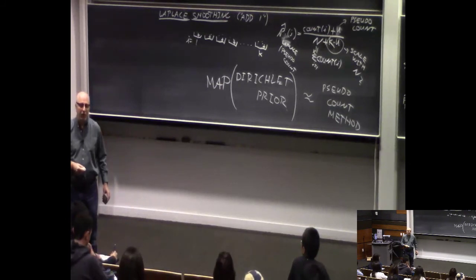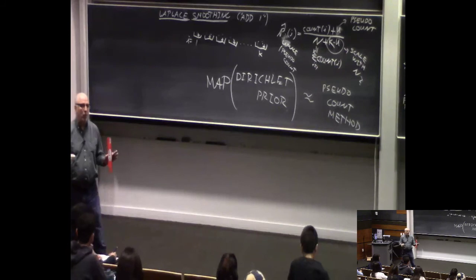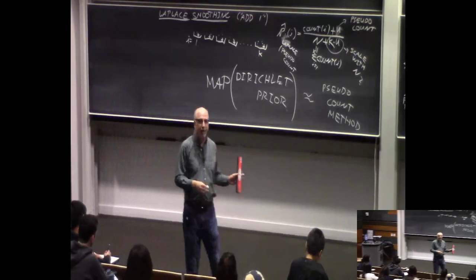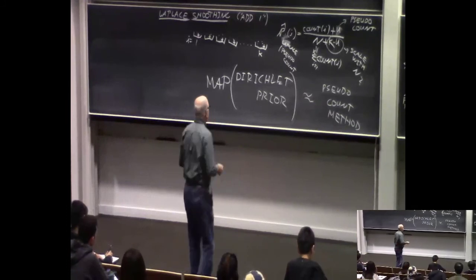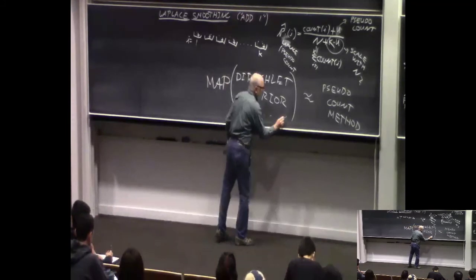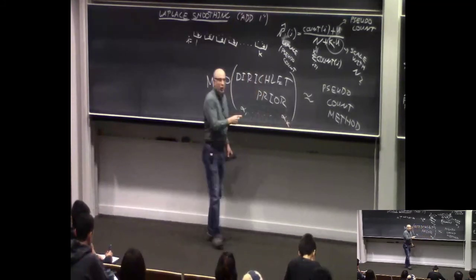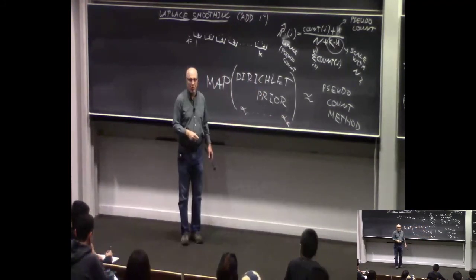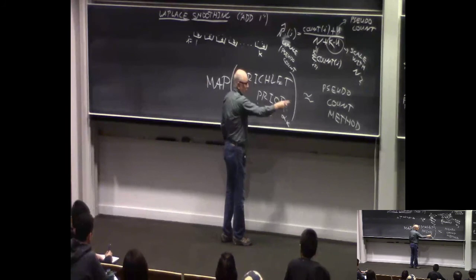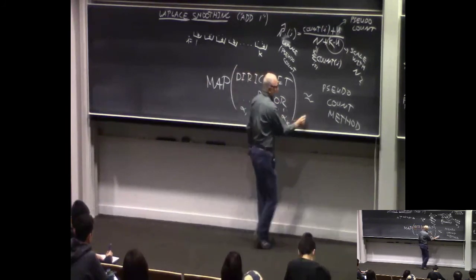So if you started with the Dirichlet prior, which is a very well-known and well-used family of priors over multinomials, literally the parameters of a Dirichlet prior, which go by alpha 1 through alpha k, are going to be the counts to be used. These are the pseudo-counts.